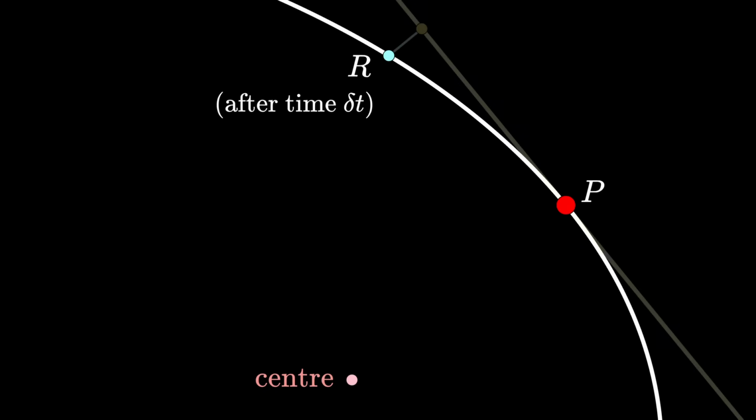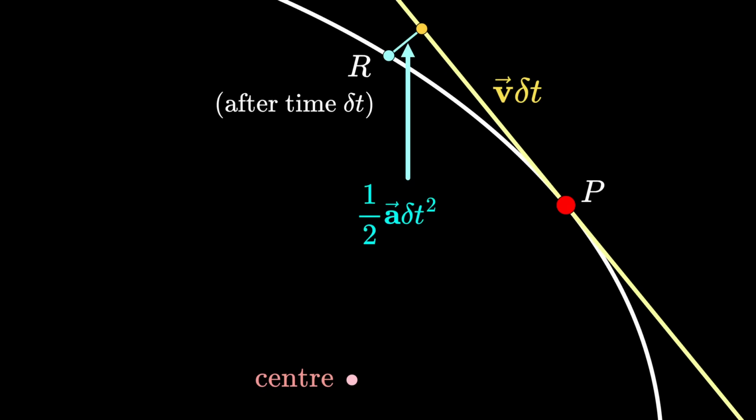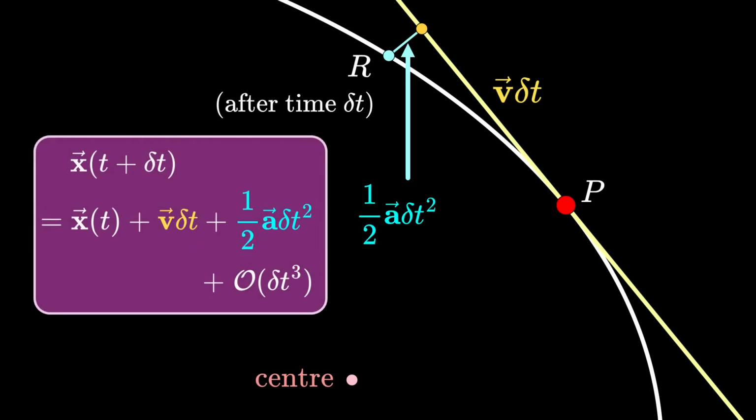We can break down the displacement into two parts, one along the tangent, corresponding to the velocity v times delta t, the other corresponding to the second order deviation due to acceleration. This comes from the Taylor expansion we talked about earlier.